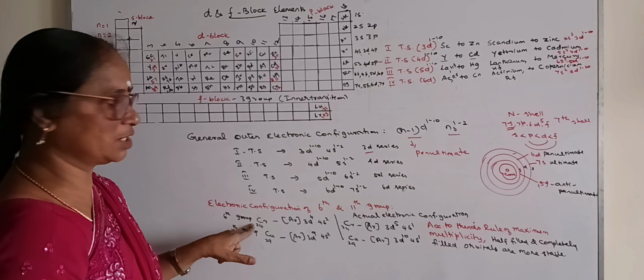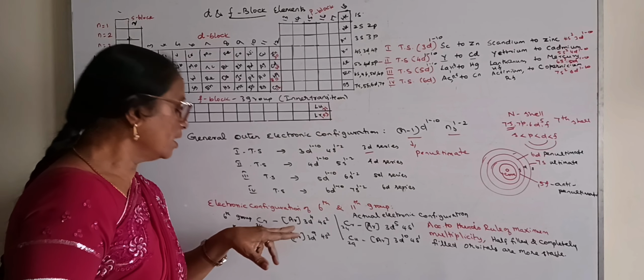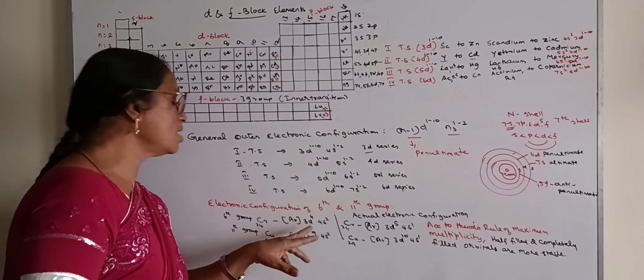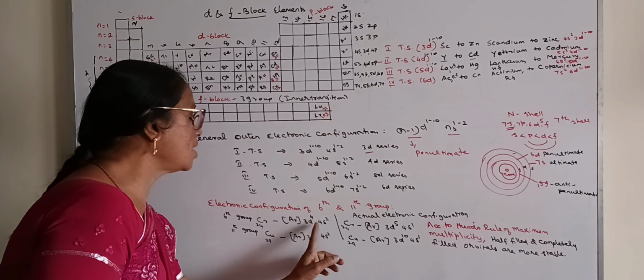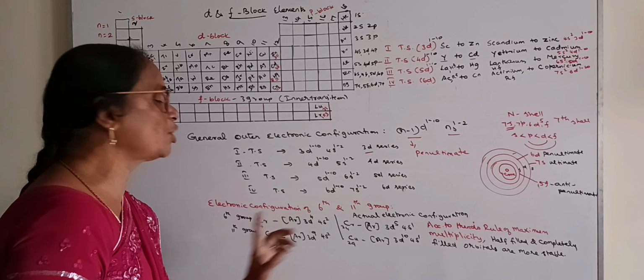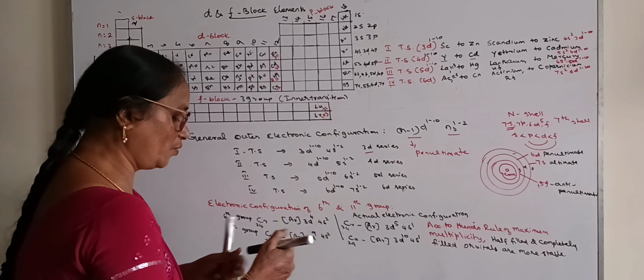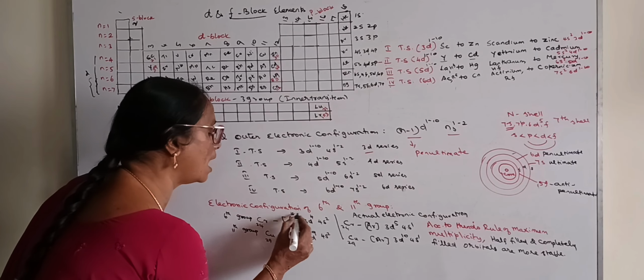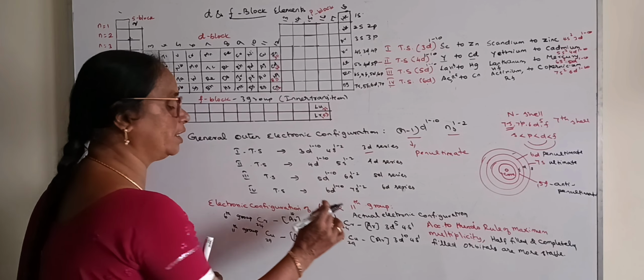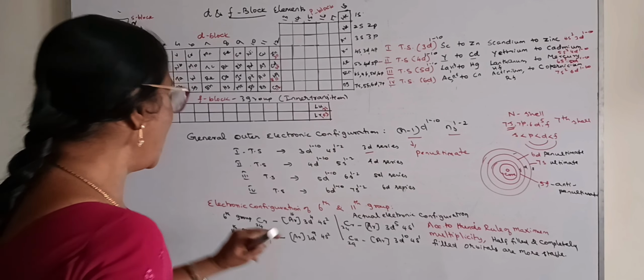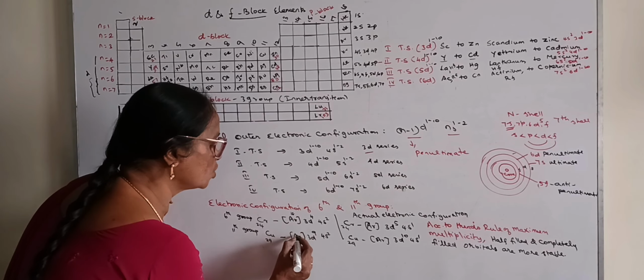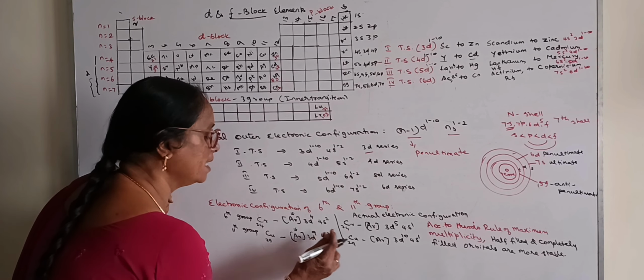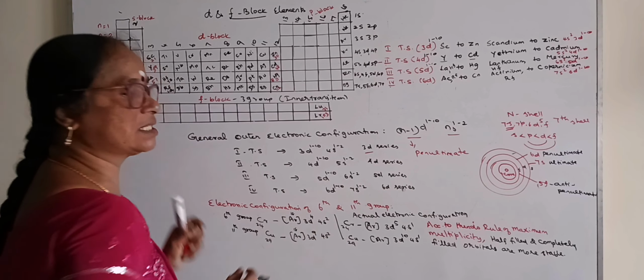Chromium has atomic number 24, so it is the inert gas configuration argon followed by 4 electrons in the d orbital and 2 more electrons in the s orbital. So argon 18 and 4 is 22, 22 plus 2 is 24. And copper is 29, so 18 plus 2 is 20, 20 plus 9 is 29.